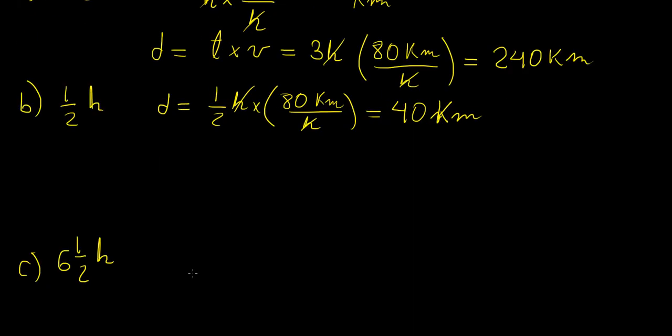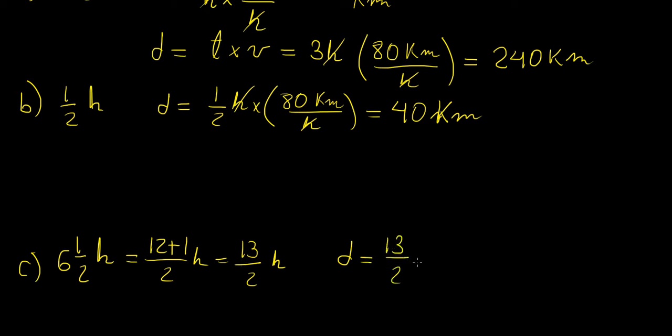And then let's do the final one. This is going to be 6.5 hours. This one is going to be a little bit trickier because we need to convert to a fraction. Using the technique we know, we have 12 plus 1 over 2, and that's going to become 13 over 2 hours. So now distance is equal to 13 over 2 hours times 80 kilometers per hour.